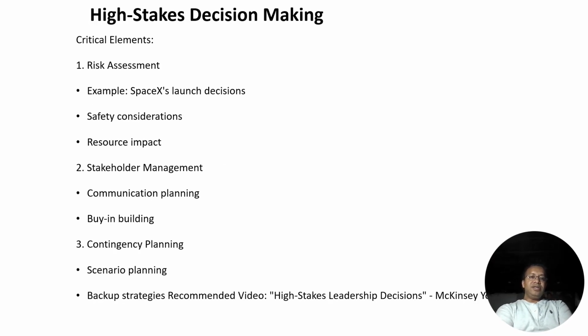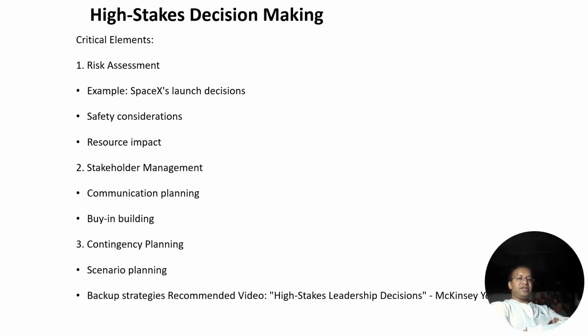There is also another approach towards decision making, which is called high stakes decision making. And obviously, high stakes decision making is based on risk assessment. For example, SpaceX's launch decisions are based on a risk assessment, which happens on a real-time basis, including weather conditions, all the parameters, the functioning, the safety issues, all those considerations, also the resource impact, the time invested, and the kind of safety for astronauts that are on a particular launch mission.